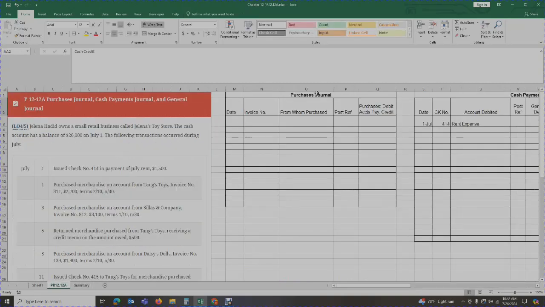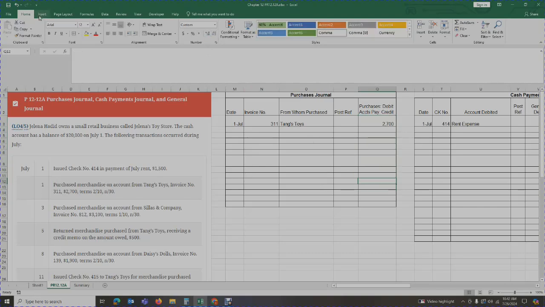So we are going to use the purchases journal. This is happening on July the 1st, and we have invoice number 311. Who are we purchasing from? We're purchasing from Tangy's Toys. Post reference is left blank. And how much are we purchasing? $2,700.